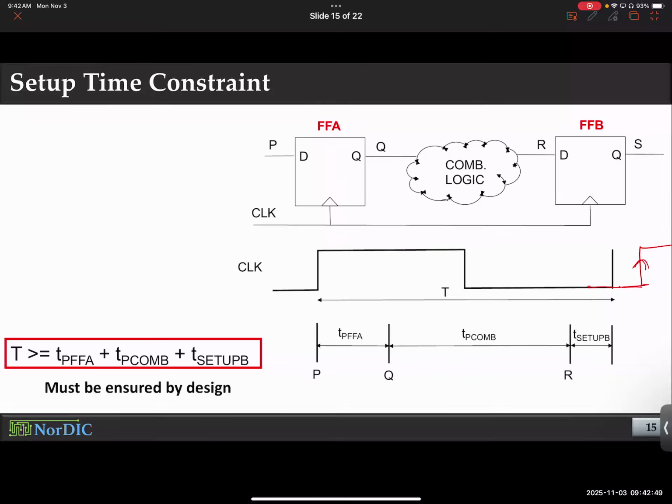You know what I mean? So the flip-flop, once it starts responding, wants to get some time to settle down. It doesn't like an input change while it is responding. Does that make sense? So we haven't seen any hold time related concept here because the clock edge hasn't appeared yet. So we stop in this slide wherever the clock edge appears.